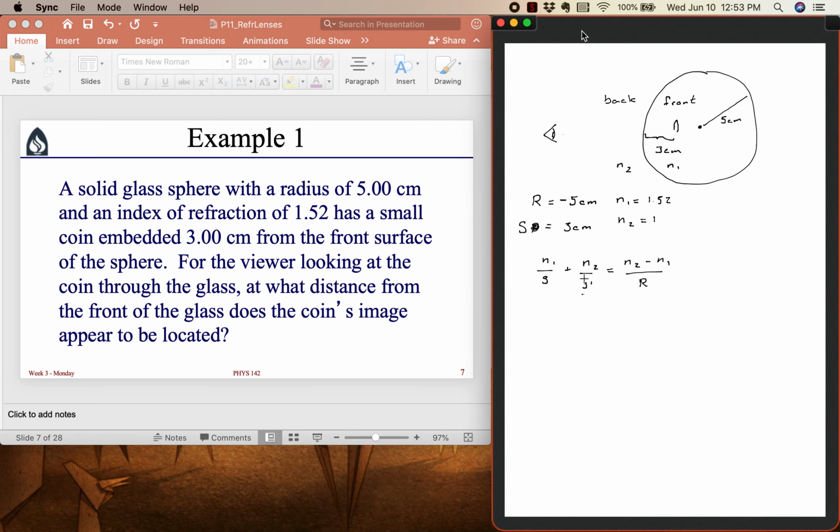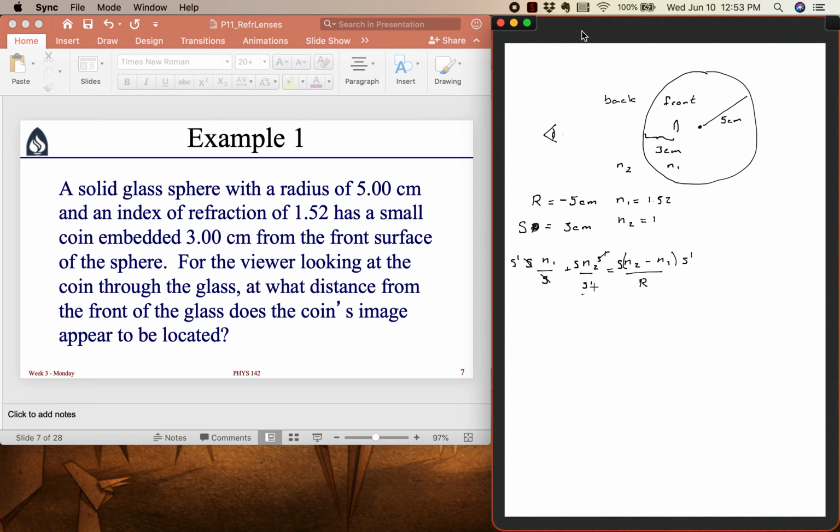So in order to get all this stuff out of the denominator of all these various terms, first I'll multiply through by S. So if I multiply through by S, then in this first term, S cancels with the S in the denominator. Then I can multiply through also by S prime, and S prime. And then finally, I'll multiply through by R.